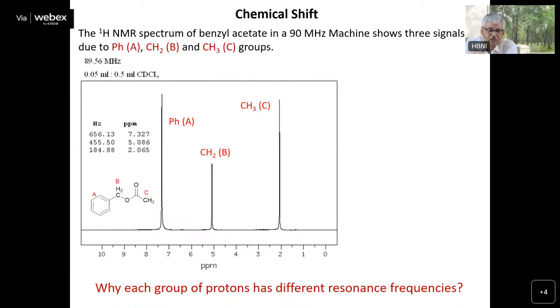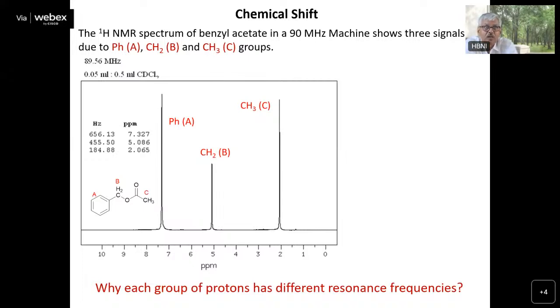You can see there is a tall peak, that is A. I'm telling that 5 protons from the phenyl ring are coming there, and then there is a peak in between, the CH2, which I call the B group of protons, and you can see another group of protons C. So in this molecule there are 3 groups of protons, and they have different chemical environments.